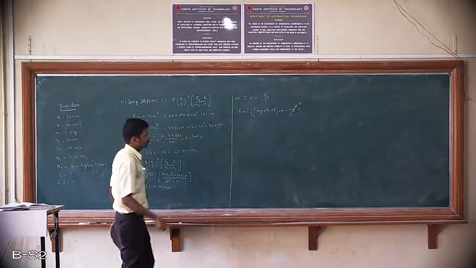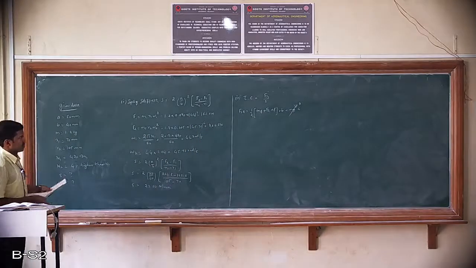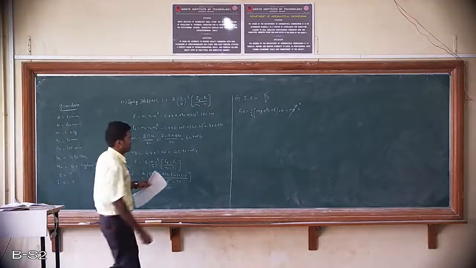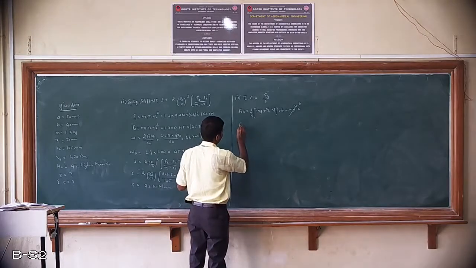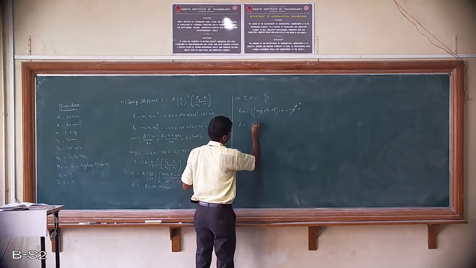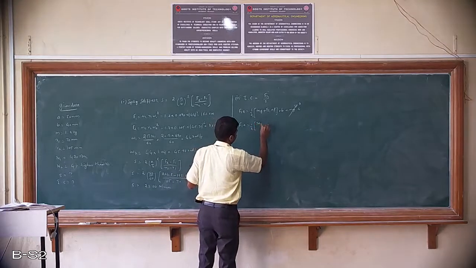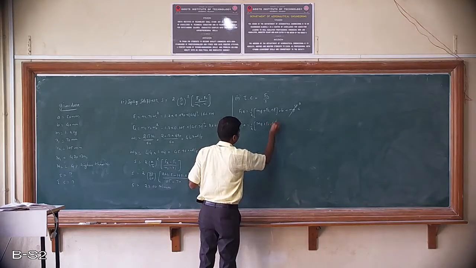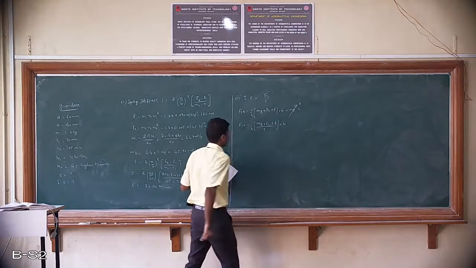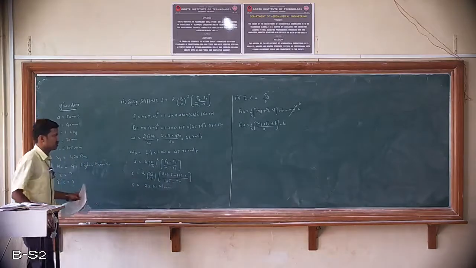Why? We have already seen that C1 is equal to C2, and if there is no displacement, then it becomes 0. The remaining equation now is F1 into A is equal to 1 by 2 into (mg plus Fs1 plus F divided by 2 into B).